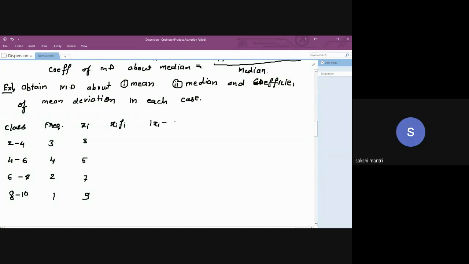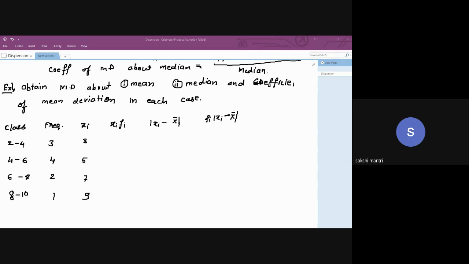And the next is fi into mod of xi minus x bar. Anything else?